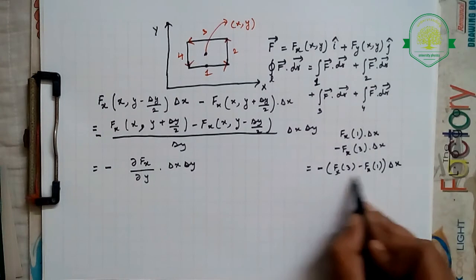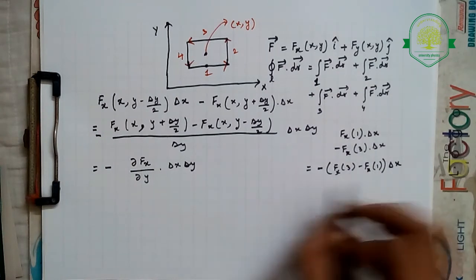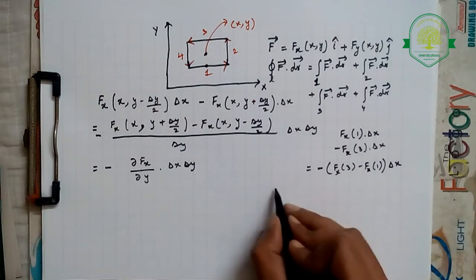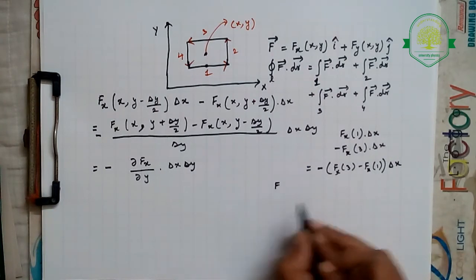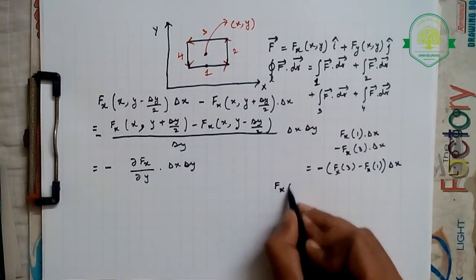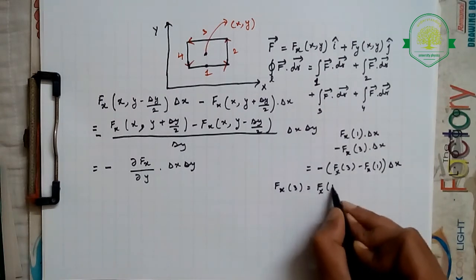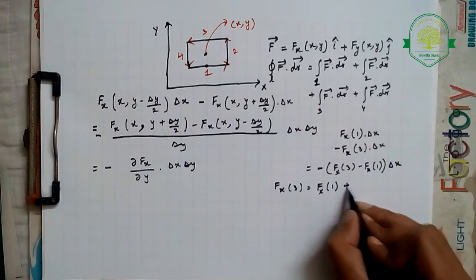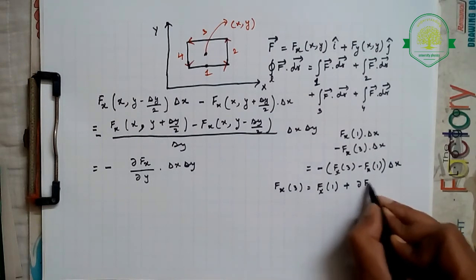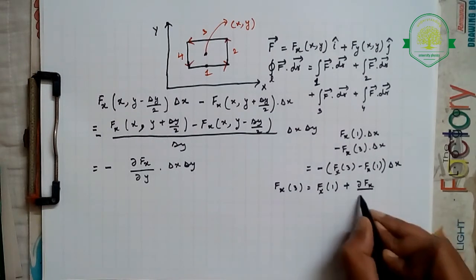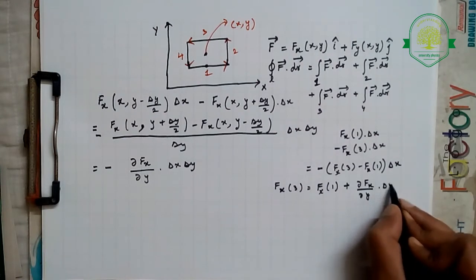But what is this difference, fx along 3 minus fx along 1? For that we can use the approximation formula. So fx at 3 can be written as fx at 1 plus the rate at which fx changes with respect to y times delta y.